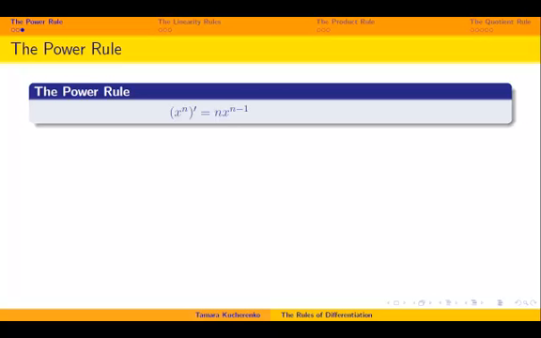You can think of the power rule as bringing down the exponent and subtracting 1 from the exponent. For example, the derivative of x to the power 17 is 17 times x to the power 17 minus 1, which is 17 x to the 16th.